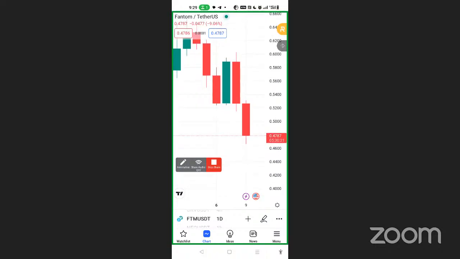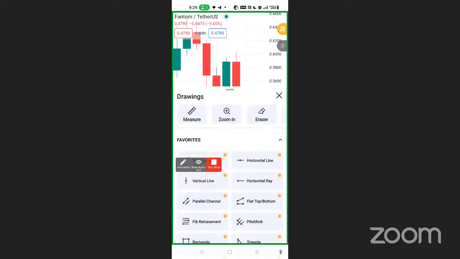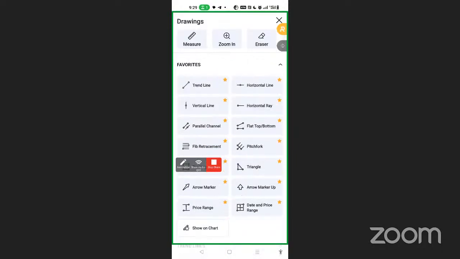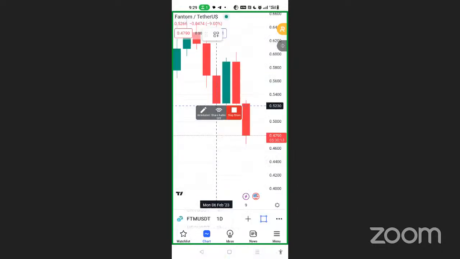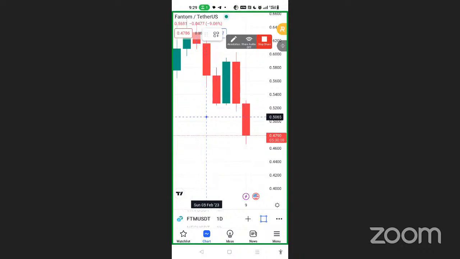Before I continue, allow me a little bit. Just a minute. Let me share my screen. I want to talk about candles a little bit, how they look, what makes them form, what people call the anatomy of candles.